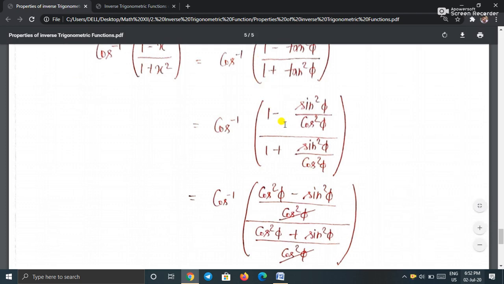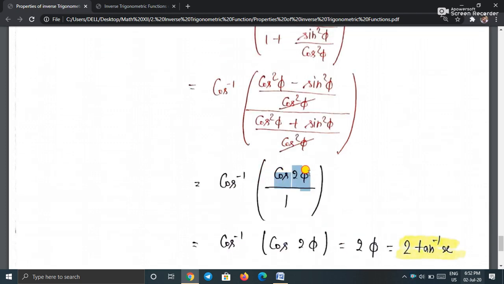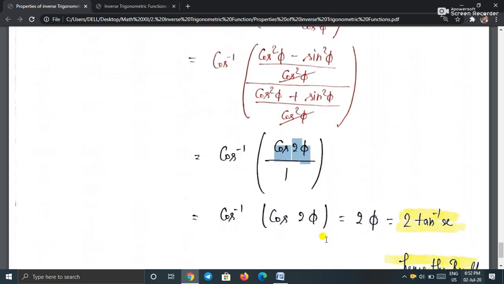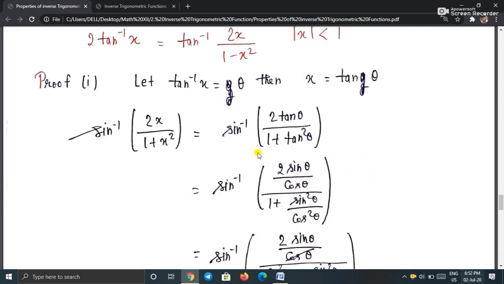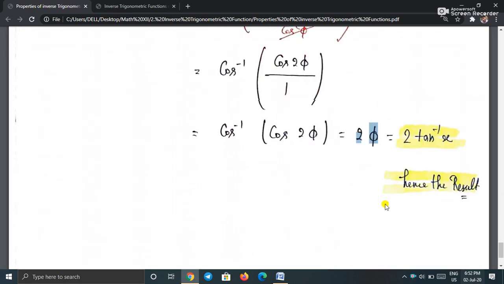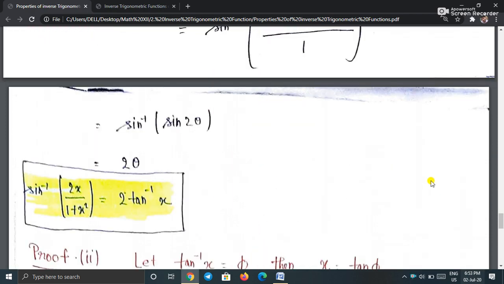Now when we simplify it, after changing in sin and cos, you will get cos 2 phi. So cos inverse cos 2 phi, by using the property of inverse function, you will get 2 phi, and the value of phi is what? The value of phi is tan inverse x. So it is equal to 2 tan inverse x. This is the result which you have to prove.